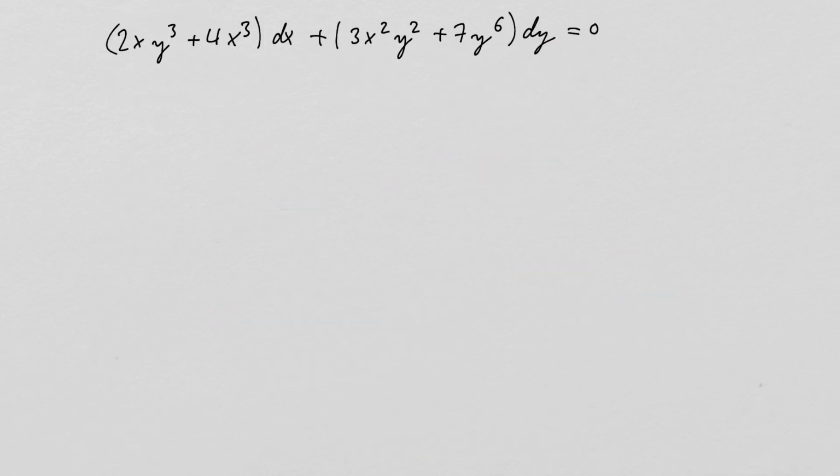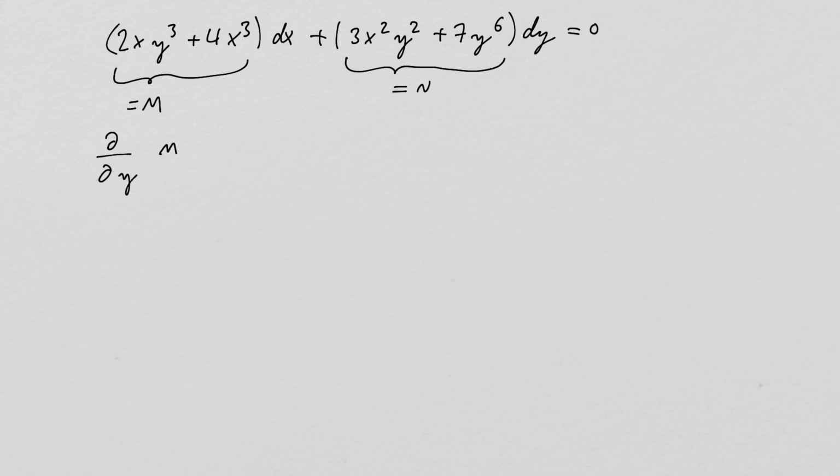Let's have one more example. So this thing here should be n, and this thing here should be m. And we need to calculate the derivative of m with respect to y and the derivative of n with respect to x. Let's see.